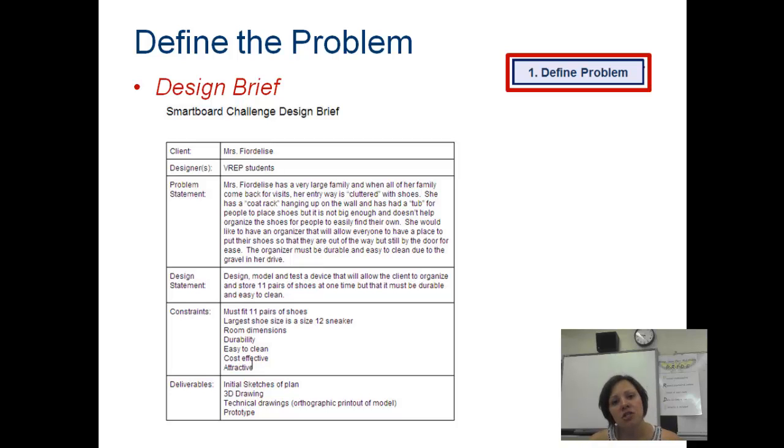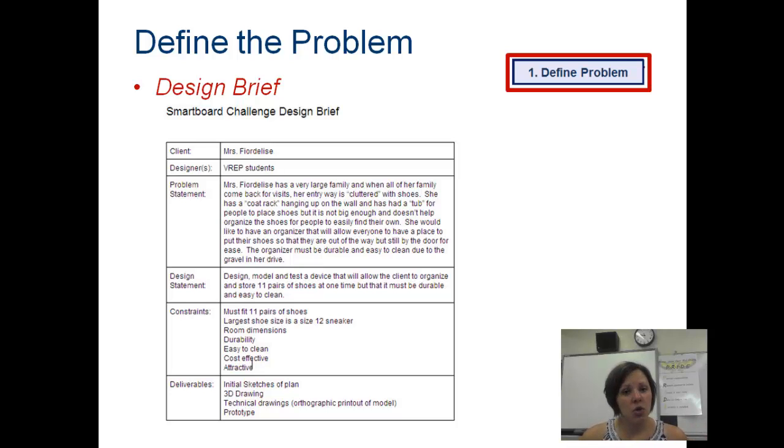The design brief is just a way of helping clarify what we need to do. It zooms us in on identifying who our client really is, narrowing down what the actual problem is that we're trying to solve, and coming up with what we are going to do to solve the problem.